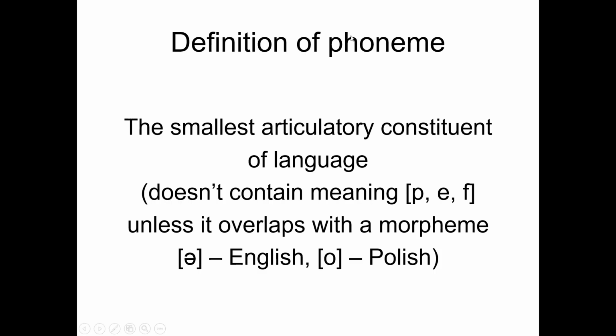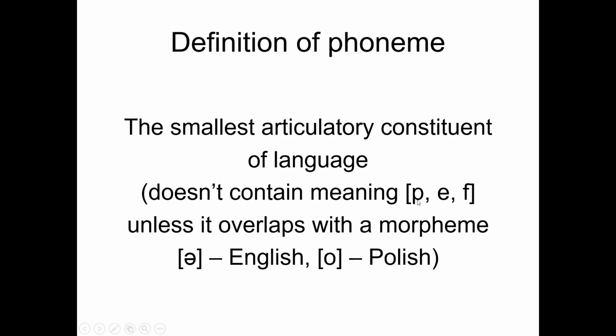Okay, and back to the notion of a phoneme, such as p, k, o, I, f. So a phoneme is the smallest articulatory constituent of language, usually doesn't contain meaning.